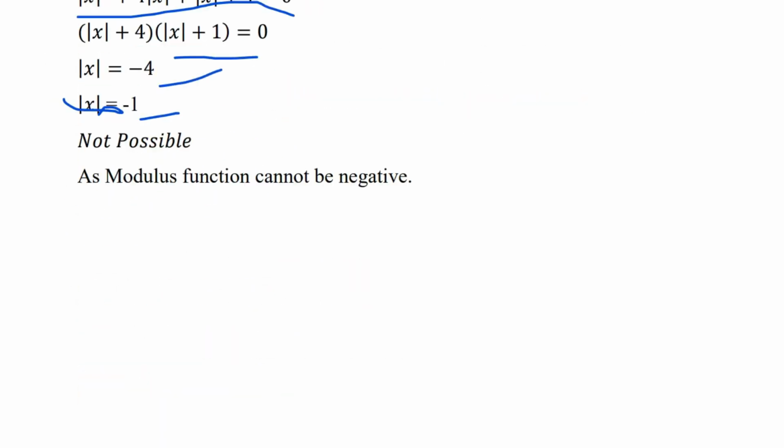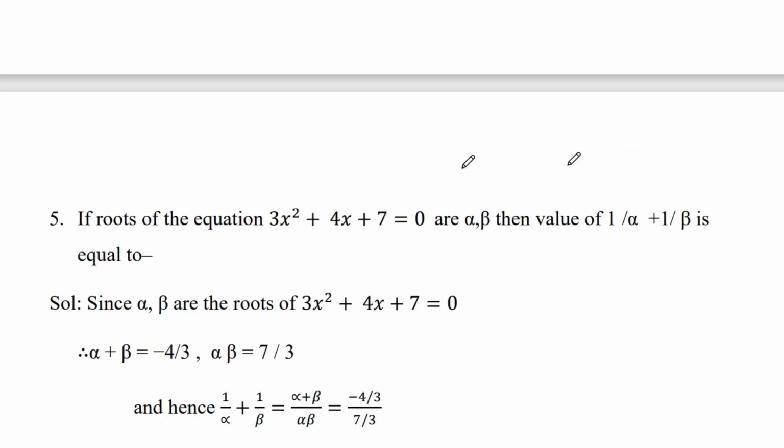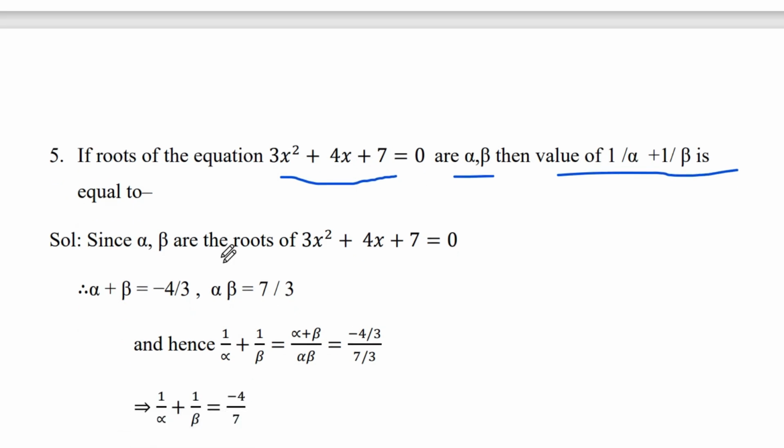Next question is, the roots of the equation 3x square plus 4x plus 7 equals 0 are alpha and beta. Then you have to calculate the value of 1 upon alpha plus 1 upon beta. If alpha and beta are the roots of 3x square plus 4x plus 7 equals 0, then alpha plus beta will be equal to minus b upon a, that is minus 4 upon 3, and alpha beta will be equal to c upon a, that is 7 upon 3.